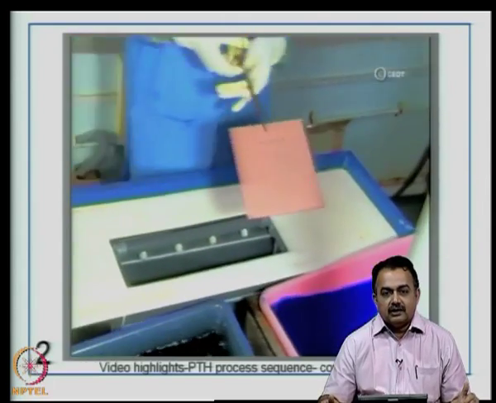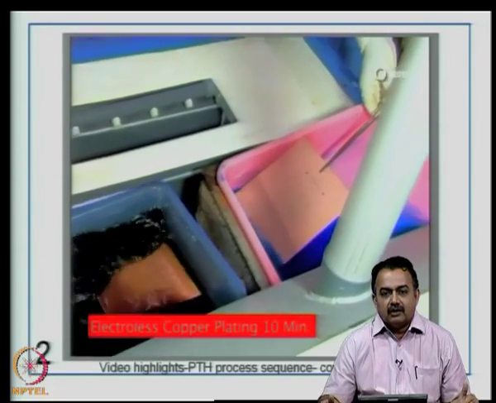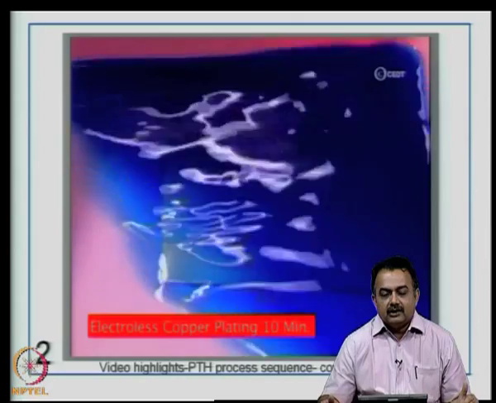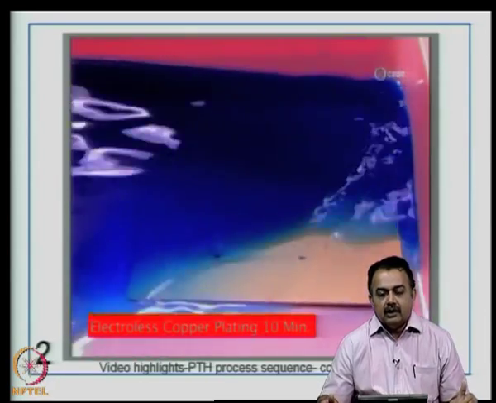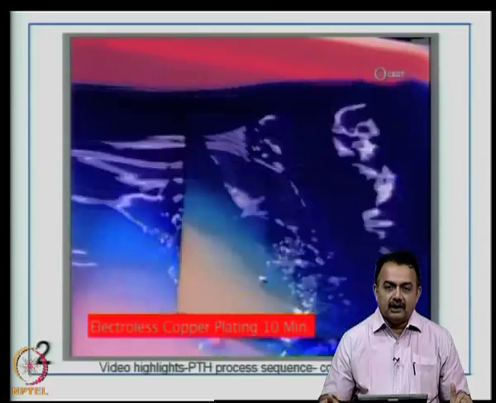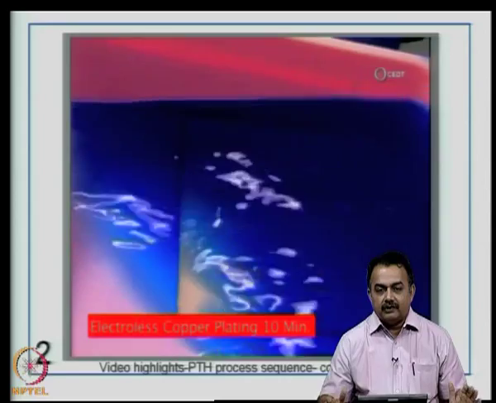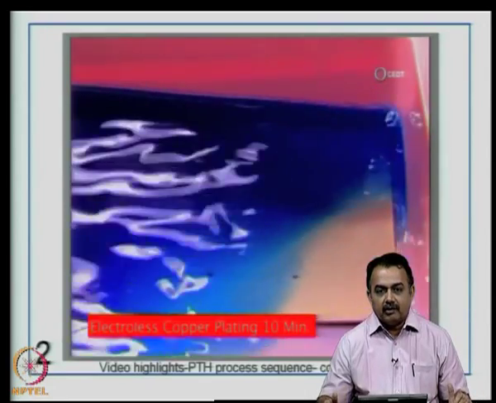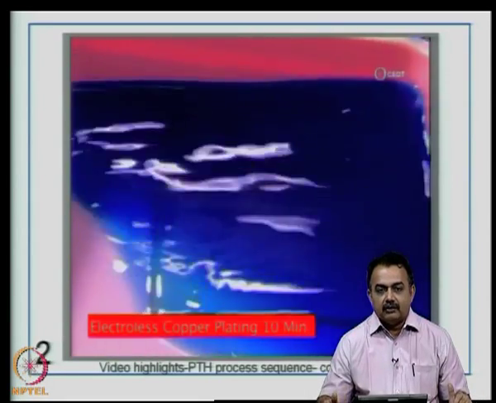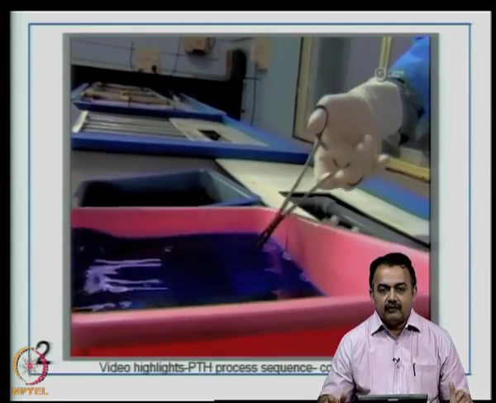After the water rinse is done, this is now introduced into the electroless copper plating bath. This is actually shown here as a tray bath, but again in practice for large volume manufacturing, shelf life is very important. So, for a prototyping unit, because this has very low shelf life, only small quantities are used as and when required.